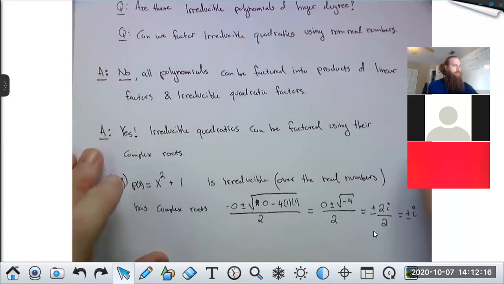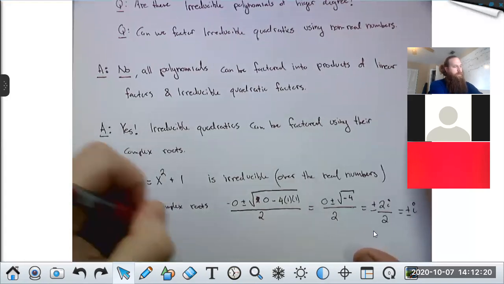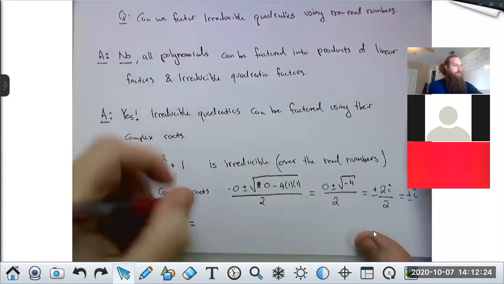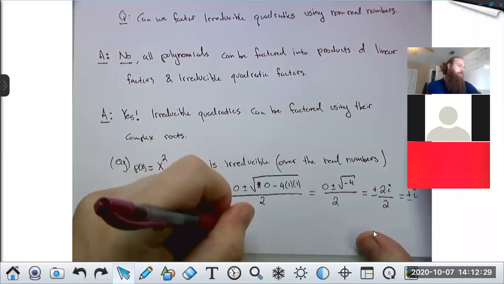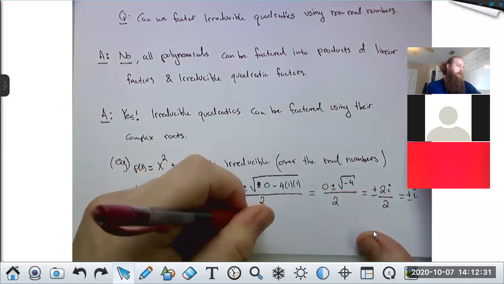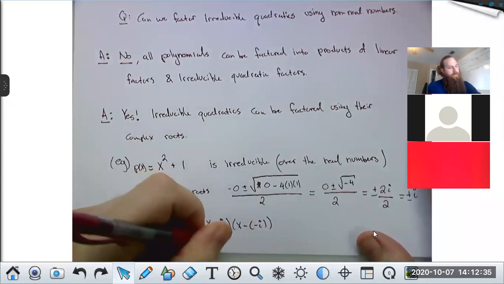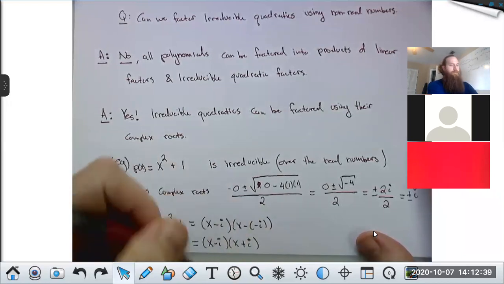This means that x squared plus 1, my polynomial p of x here, can be written as x minus i times x minus negative i, or just x minus i times x plus i.